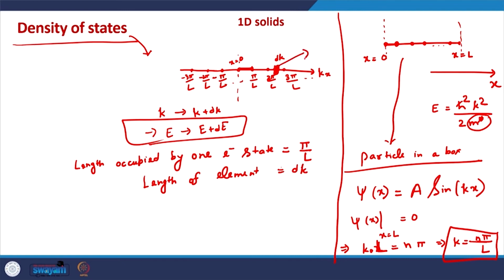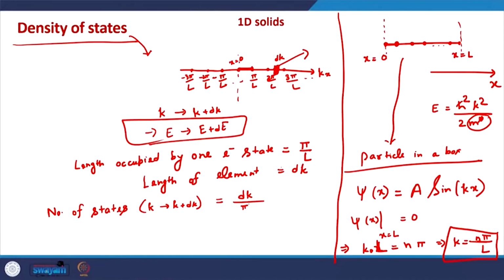So, the number of states in the k range of k to k plus dk will be the length of the linear element divided by the length of the single allowed electronic state. So, this will be the number of electronic states in this linear element of k space in 1D solids.